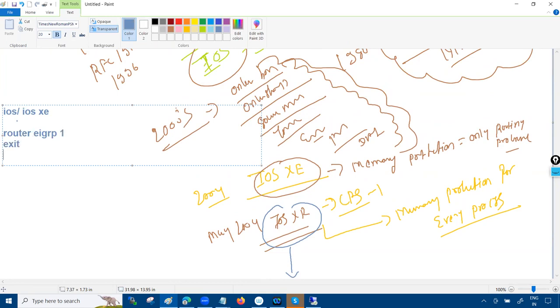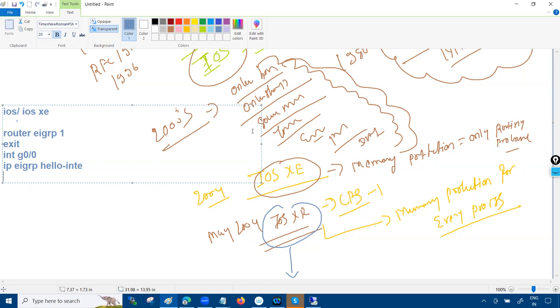After that, if you want to change the hello timer or hold time, you need to go under the particular interface, for example gig 0/0/0, and change the IP EIGRP hello timer. So if you see, there is no hierarchy in IOS and IOS XE.